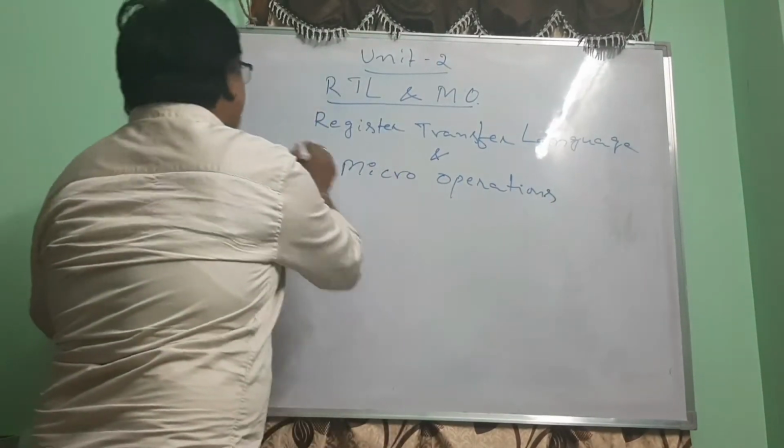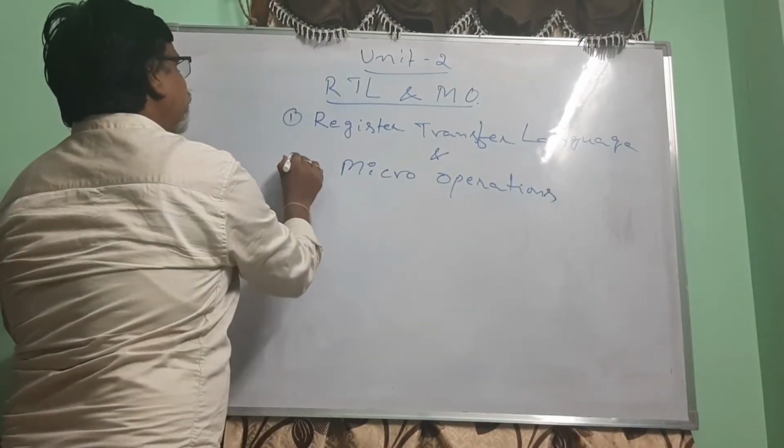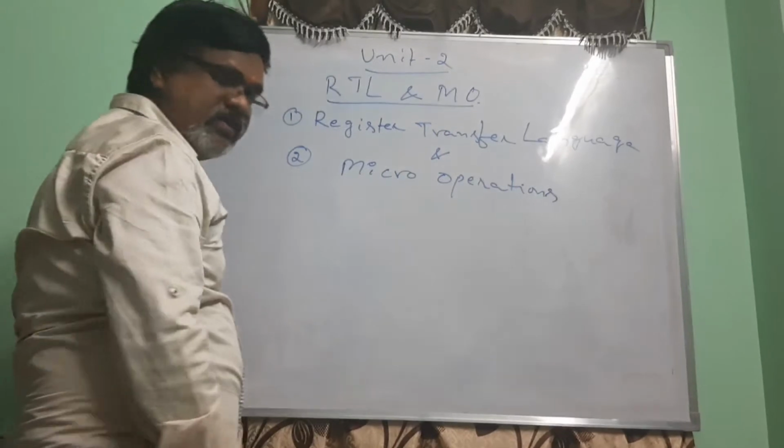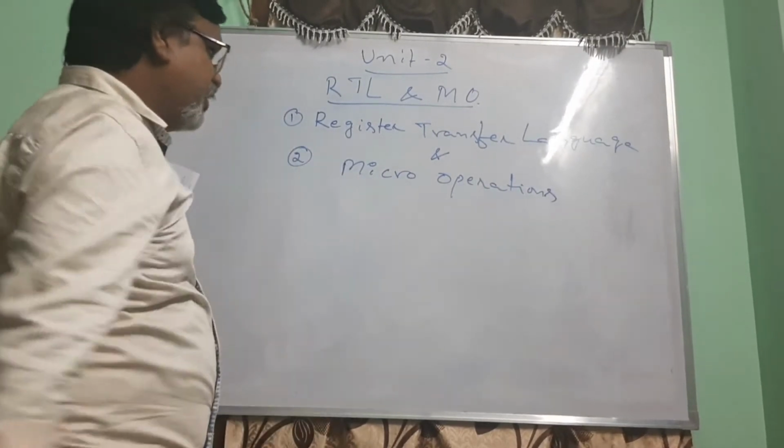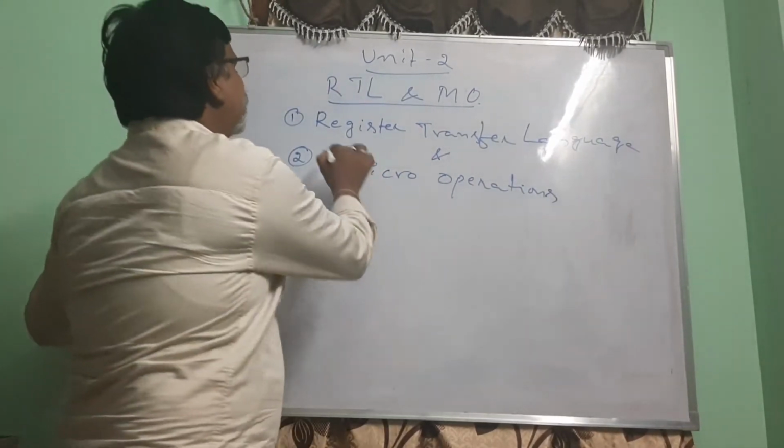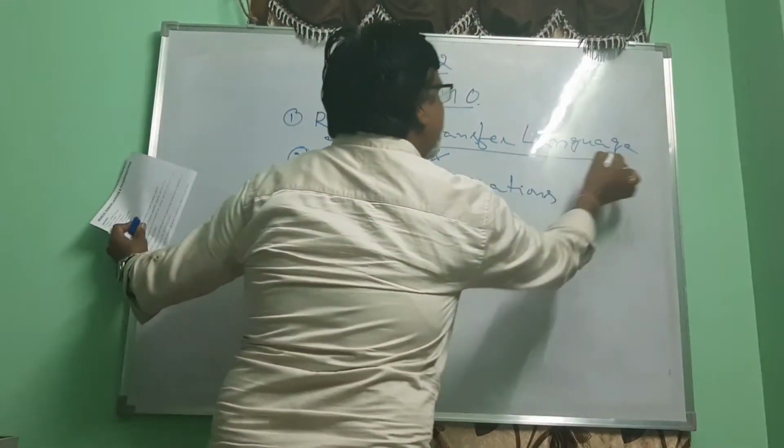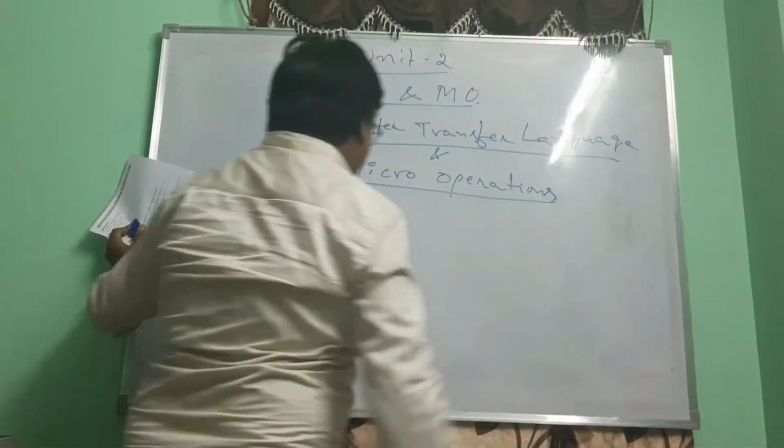As the first unit contained three parts, here the second unit contains two parts. The first one is register transfer language and the second one is micro operations.